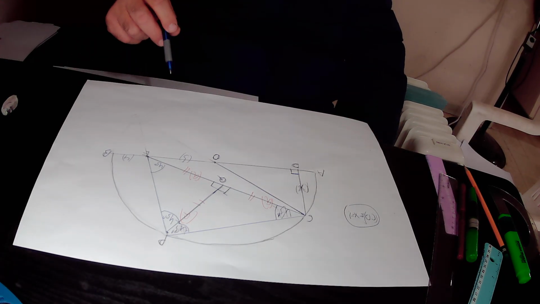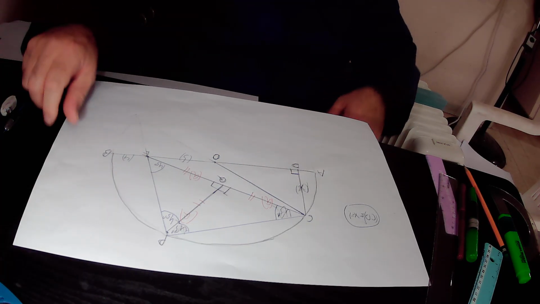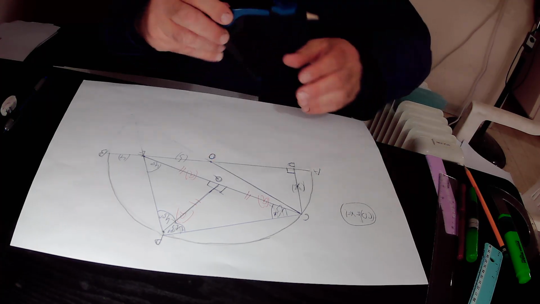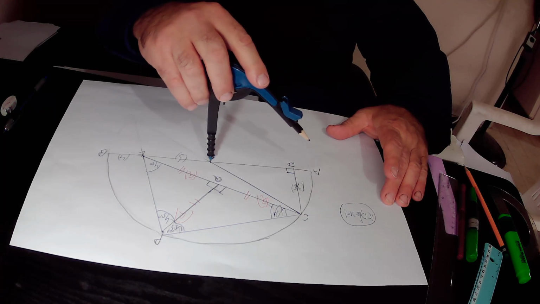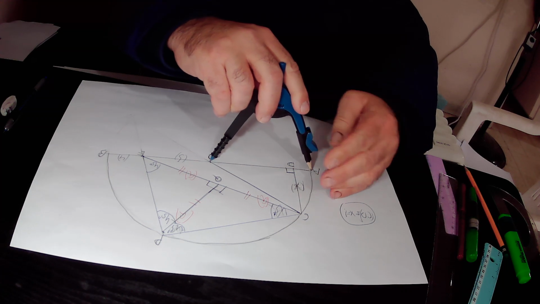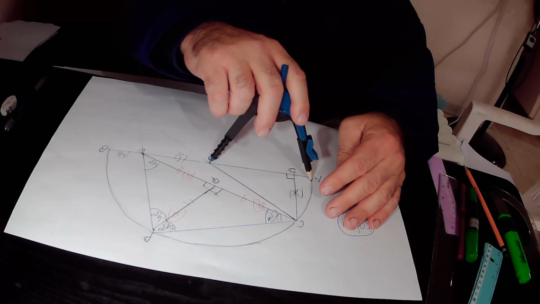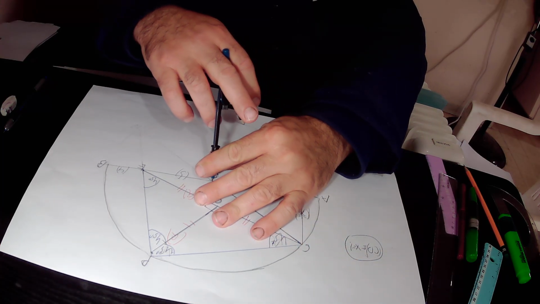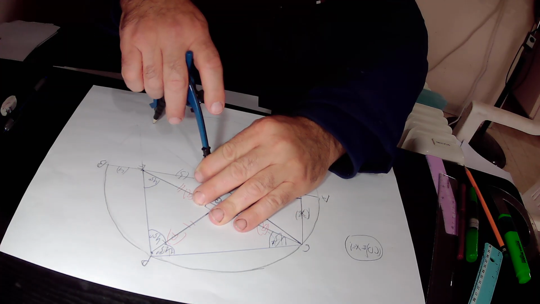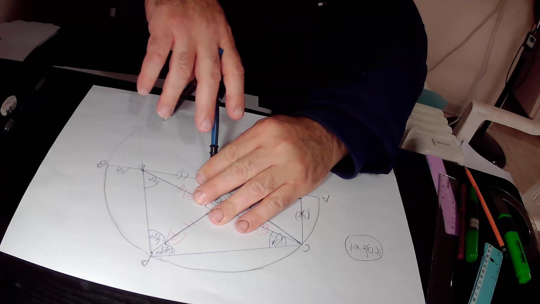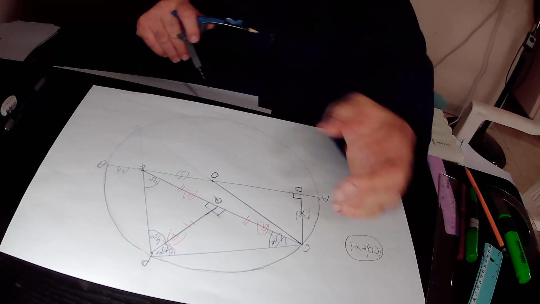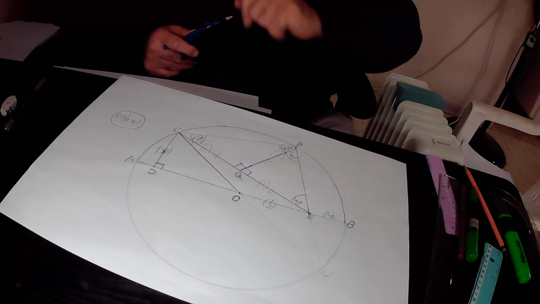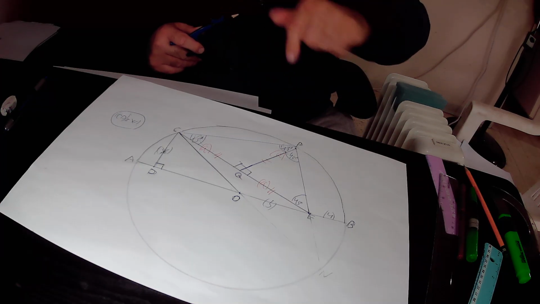In the next step, we will complete this semicircle to a circle. We'll convert the semicircle to a circle, and then we will extend side CE by a straight line until it touches the circle.